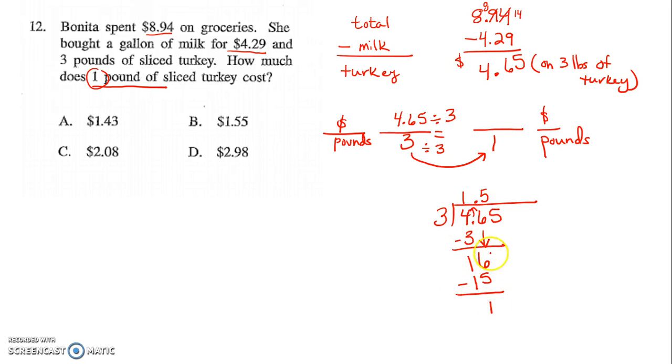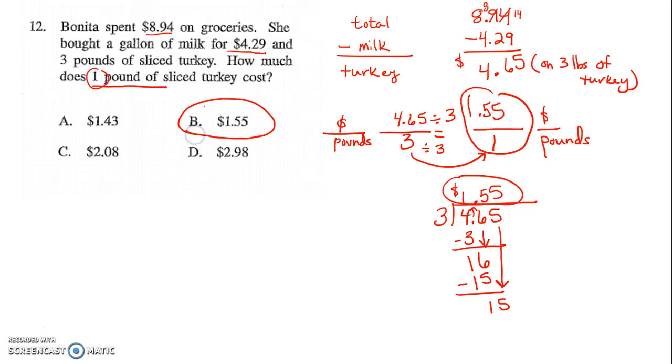Subtract off. 16 minus 15 is 1. Drag down that 5. 3 goes into 15 5 times. That means she must have spent $1.55 on 1 pound of turkey. There you have it. Number 12 is letter B.